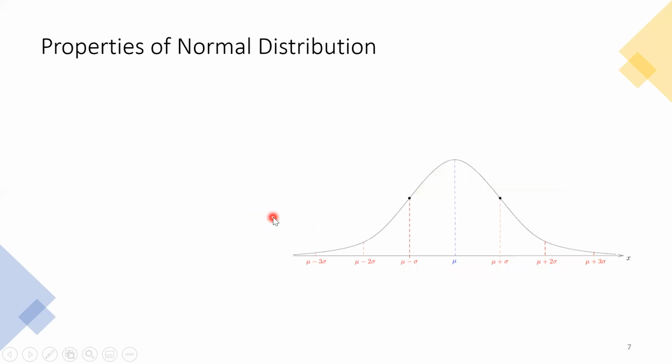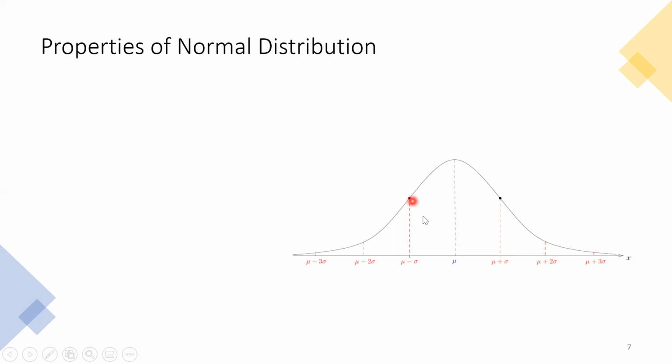So normal distribution has certain characteristics. If you see this chart, the mean is at the center of the curve, and the left side area and the right side area are mirror images toward the mean. Here, the area from blue to this red line and from blue to this red line will have the same probability.